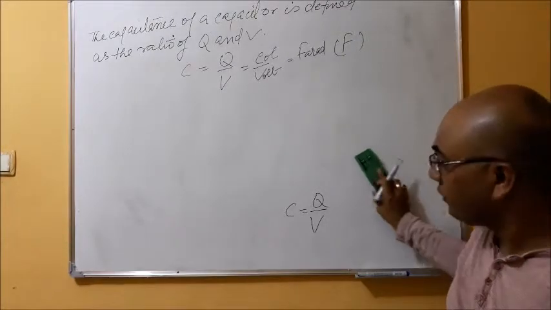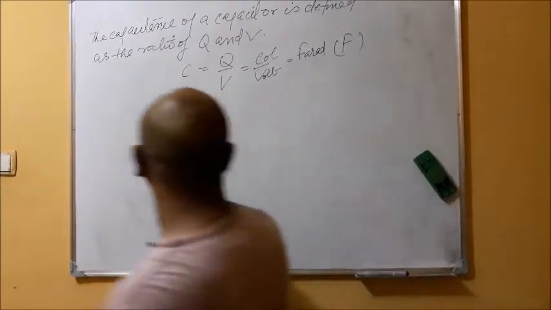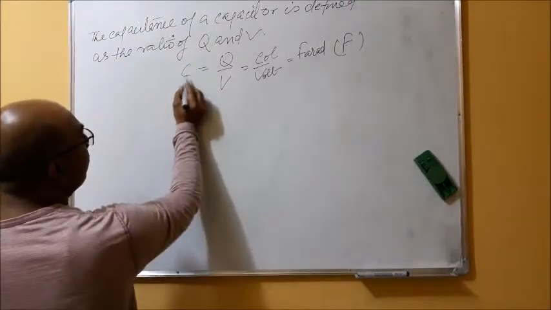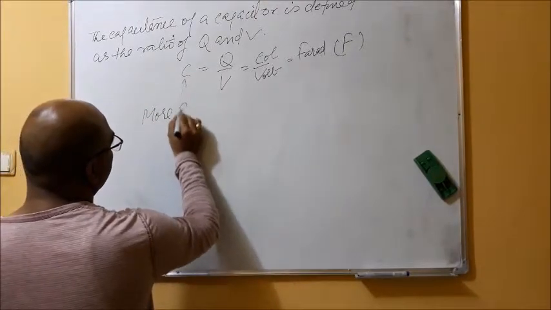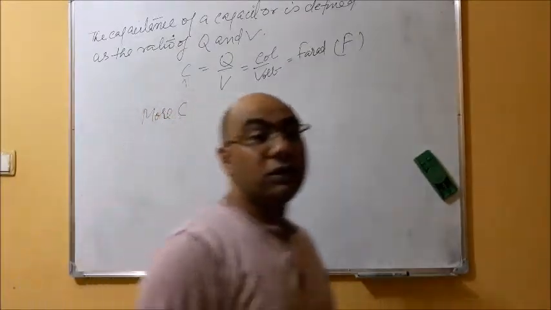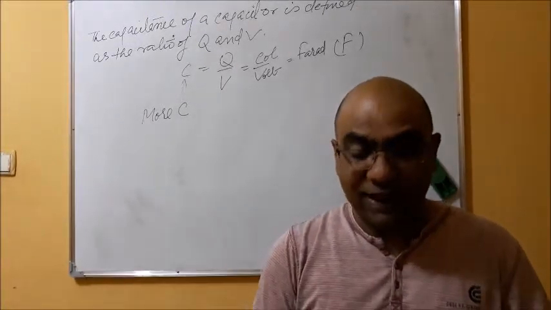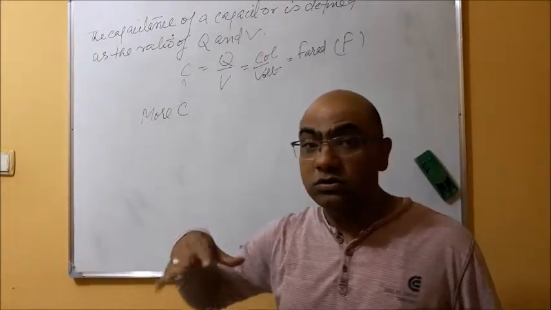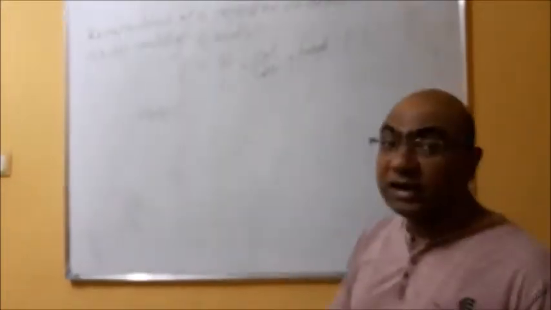Now you see one concept here. If I want more C, meaning I have a capacitor and I want the capacitance value of this capacitor to be more, how can I get it?